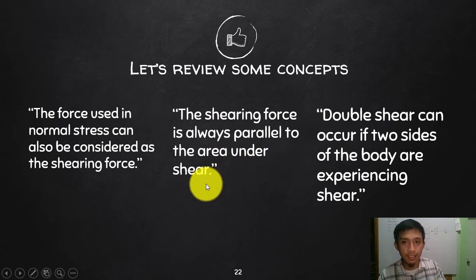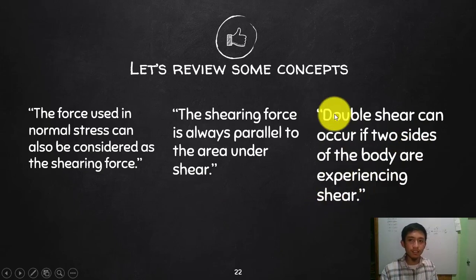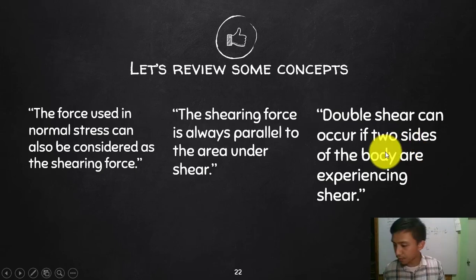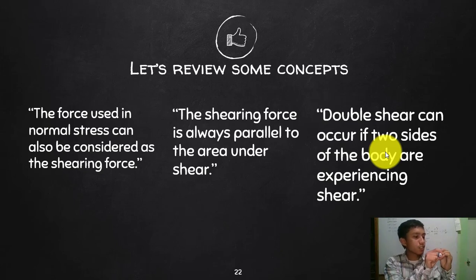the area under shear. And then double shear can occur if two sides of the body are experiencing shear. Actually, yes, that is in our example. So it depends. For example, this is the bolt. There will be a lot of attachment. Let's say this one. This is a single member, and this is the bolt.